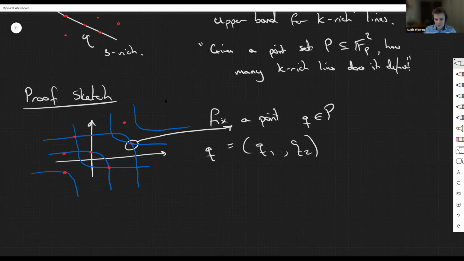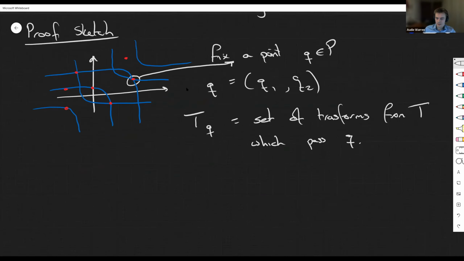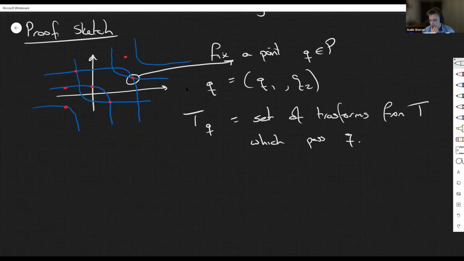Let's define T_Q to be the set of transforms from T which pass through Q. Now what we're going to do is bound the number of k-rich transforms in T_Q.